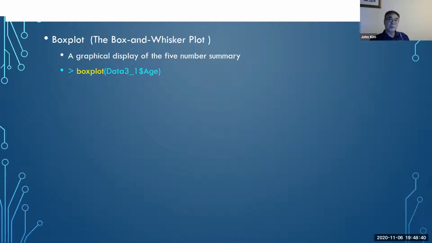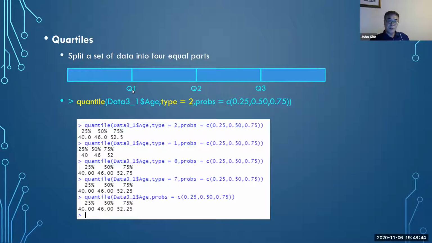So using 5 numbers, Q1, Q2, Q3, such as 40, 46, and 52, and then the smallest and the largest, min and max. So the 5 numbers are the smallest number, Q1, Q2, Q3, and the maximum number.